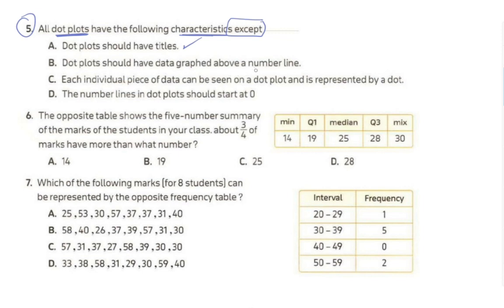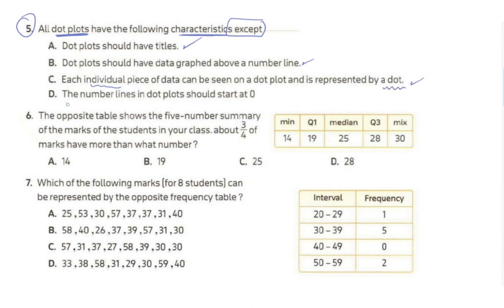Of course, any dot plot has a number line, so it's okay. Each individual piece of data can be seen on a dot plot and is represented by a dot. Of course, all dot plots have individual pieces, and I represent each by a dot.